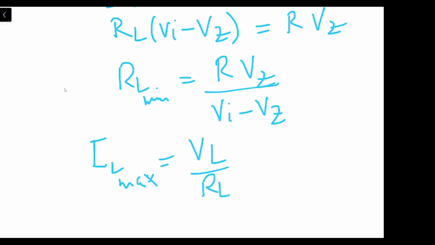Are you with me? Or we can write this as Vz divided by RL minimum, right?